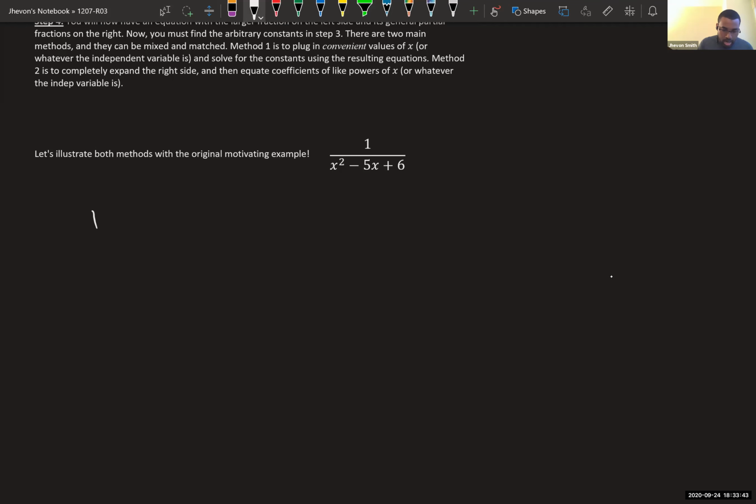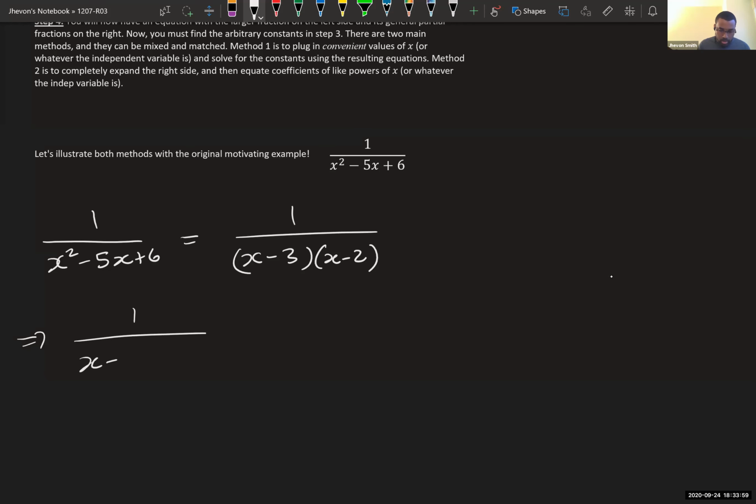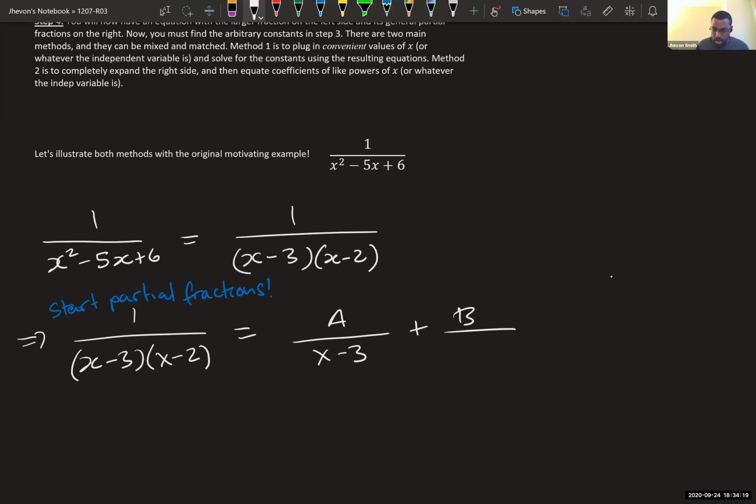So let's say I start off with 1 over x squared minus 5x plus 6. That is, of course, equal to 1 over (x minus 3)(x minus 2), since I can factor the denominator. So now I have this version here. Now I start the partial fractions. I would break this up into A over x minus 3 plus B over x minus 2.